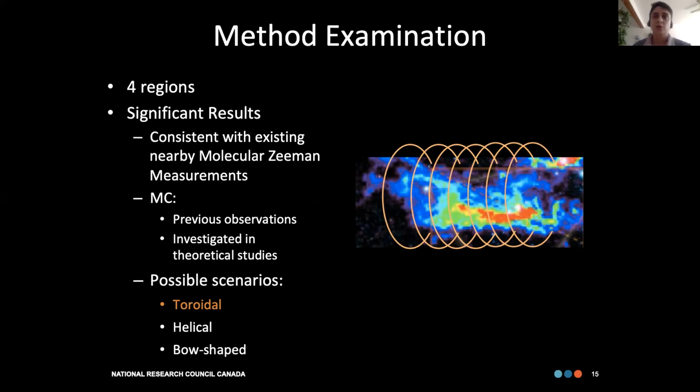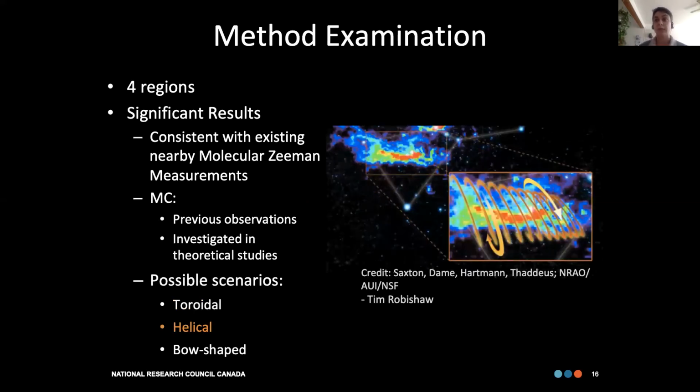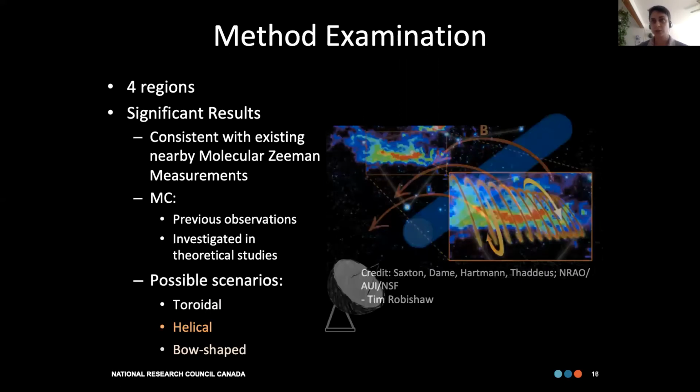So 3 morphologies that have been proposed to explain these reversals are toroidal, helical, and a bow-shaped magnetic field morphology. In toroidal, magnetic fields form toroids around the filamentary structure. In helical, they form helices around the filamentary structure.